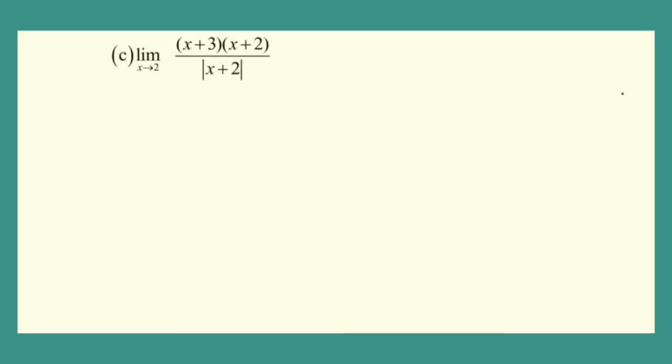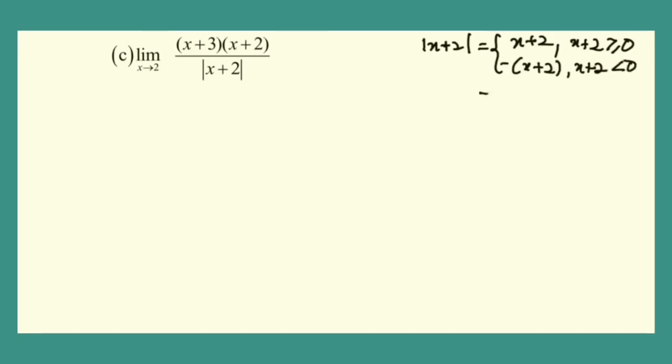Example C. Limit of (x plus 3) times (x plus 2) over modulus x plus 2 as x approaches 2. First, define the modulus x plus 2. Here is x plus 2 for x plus 2 greater than or equal to 0 and negative (x plus 2) for x plus 2 less than 0.